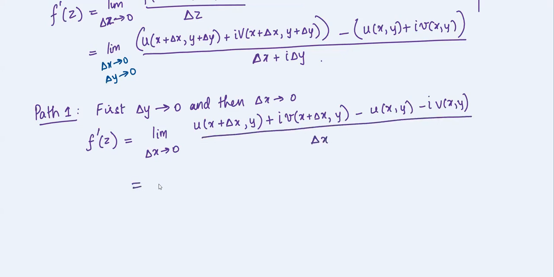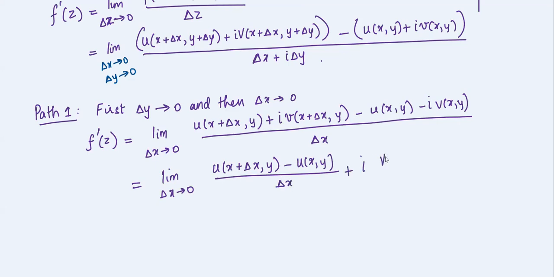So let us see what happens. We get the limit delta x tends to 0. Take the real parts, and then the imaginary part.